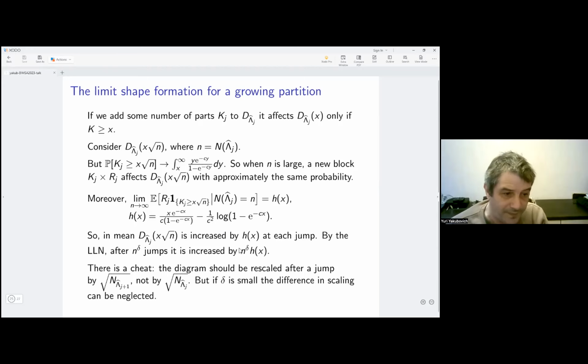Now, this scaled Young diagram has order square root of n in the y coordinate. We have scaled the x coordinates, but haven't scaled the y coordinates. So if delta is smaller than 1/2, then this is still much smaller, because this is of order n to the power delta, and that is of order square root of n.